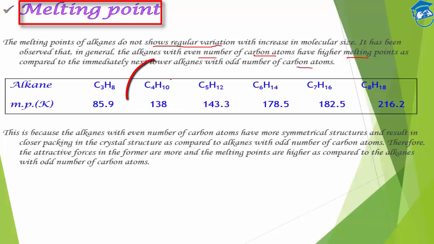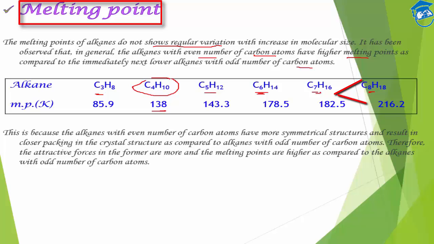So you can see that C4 alkane has a higher melting point as compared to C3, then C6 higher than C5, C8 has a higher melting point than C7.